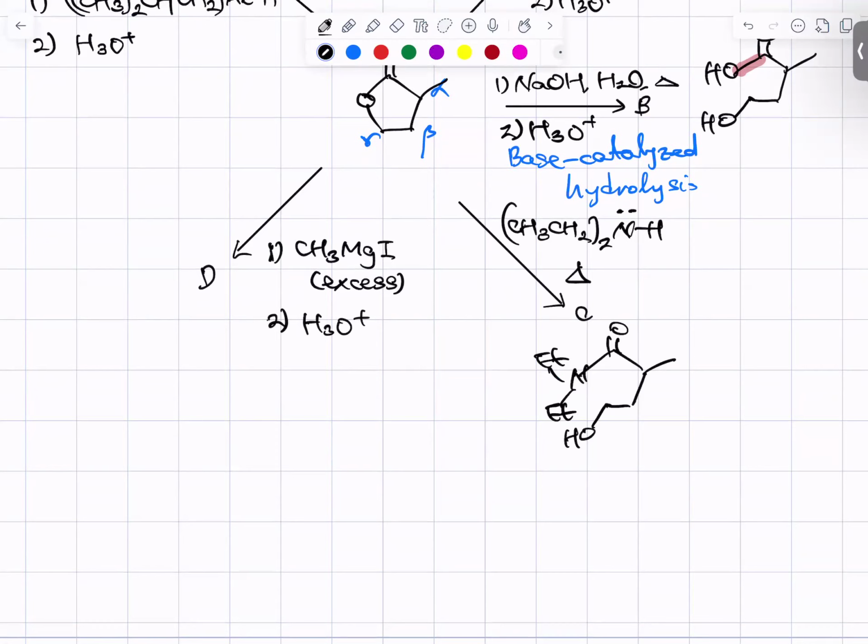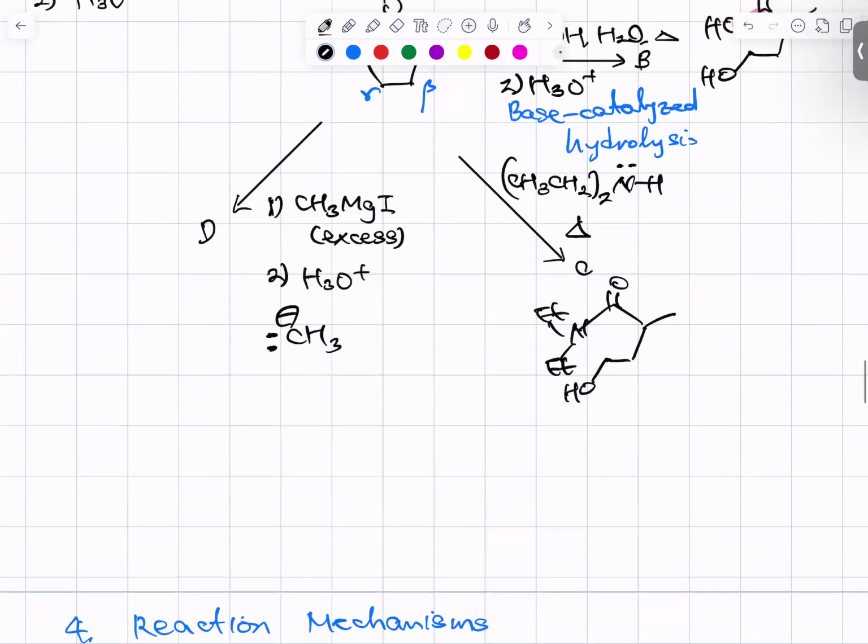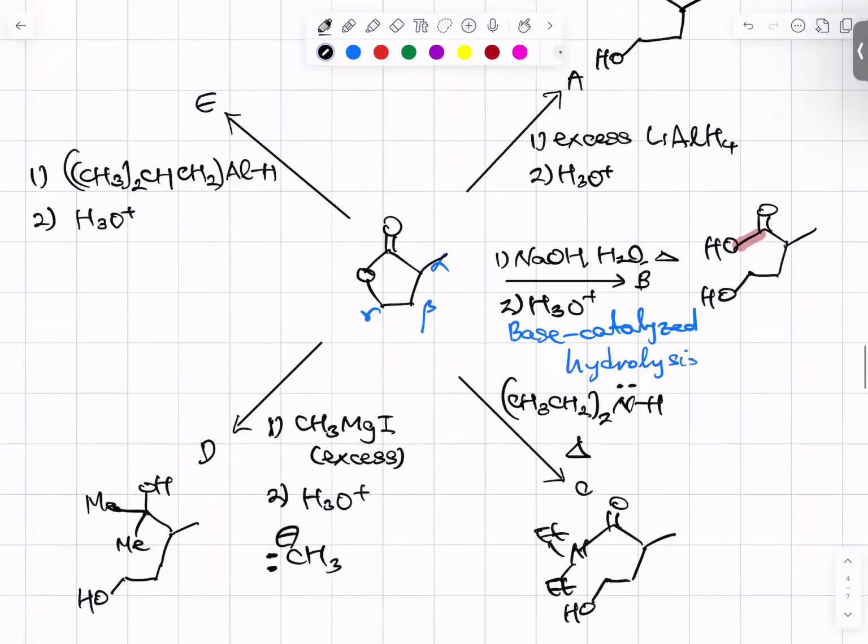And when you use excess amount of methyl magnesium iodide, this is Grignard reagent, excess amount, then this CH3 will be attacking it twice. And reforming the product, we'll have now tertiary alcohol, and here methyl twice added, and then here alcohol right there. So one side is primary alcohol, the other side is tertiary alcohol.